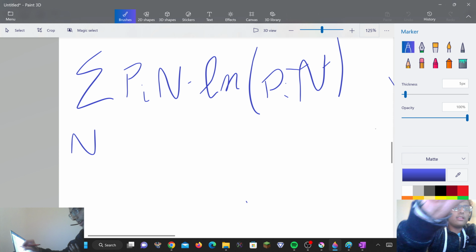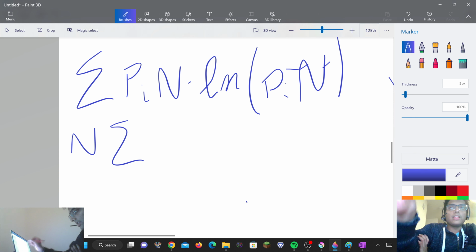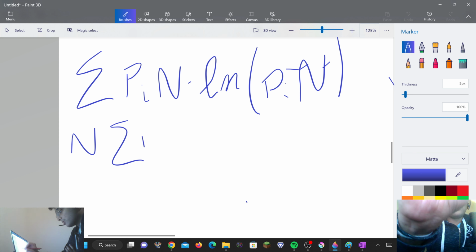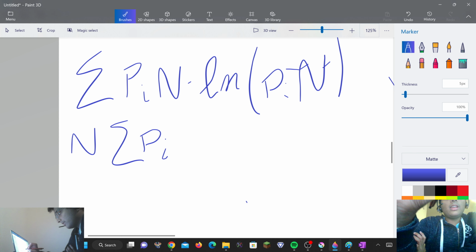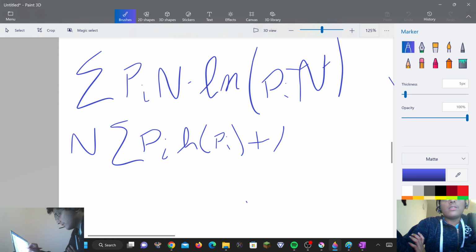So you're going to get N times the summation, and then let's split up our natural log. So it's probability times ln of p_i plus probability times ln of N p_i, right?